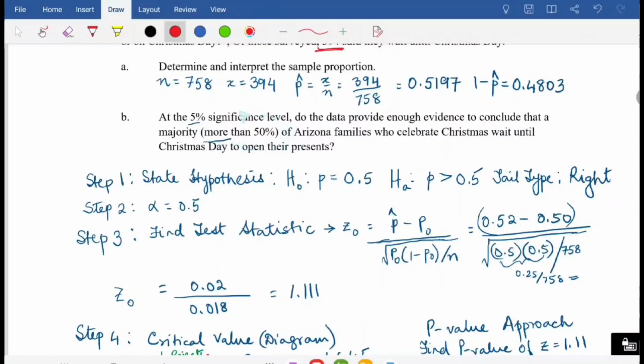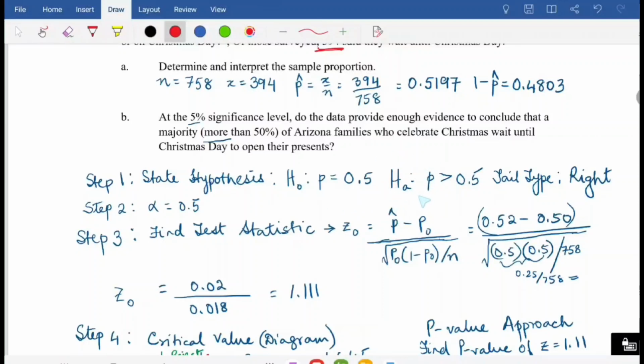What we are trying to conclude is that it is more than 50%, but the null hypothesis will say that it is 0.5. That means it's a 50-50 thing. There's no majority for the people who open their presents on Christmas Day. That's what the null hypothesis will state.